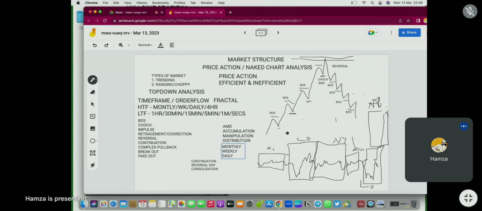This is impulse, correction, impulse, correction, impulse, correction, complex pullback, complex pullback, complex pullback, and impulse. So the complex pullback is supposed to deceive you by making you think this is what is happening, a CHoCH, when in fact it's only making its own internal structure and breaking the internal structure without touching the higher time frame structural points.